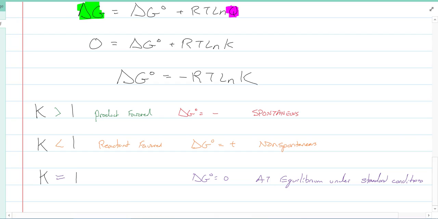And in your book, just note all our K values are at 25 degrees Celsius unless told otherwise. So that is delta G and K.